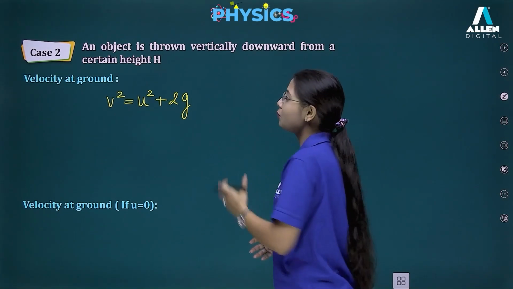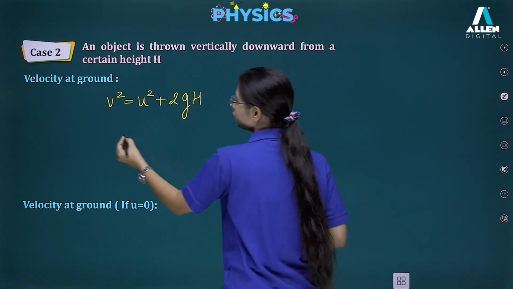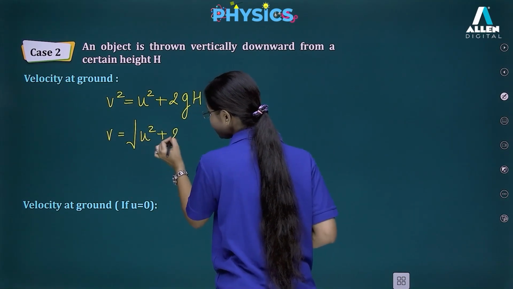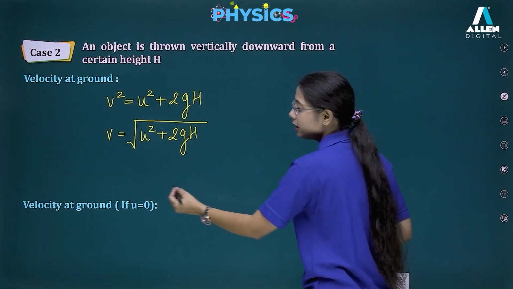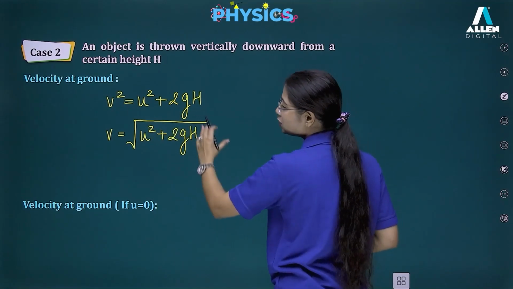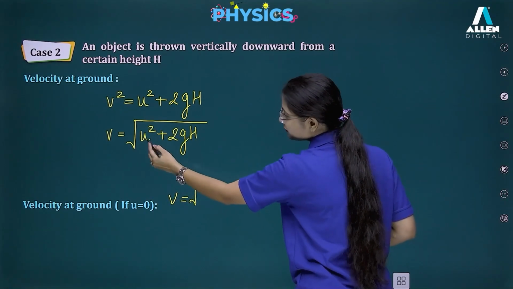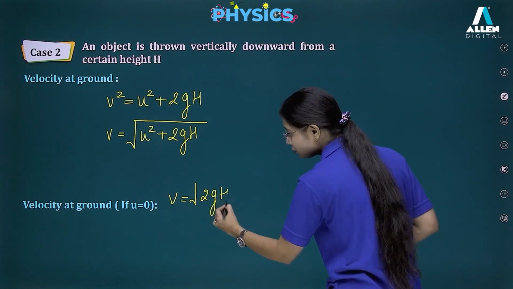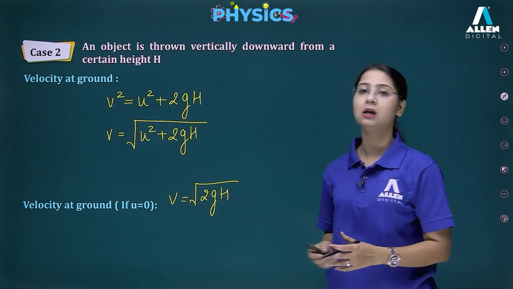Now we will not take y, we will take capital H. So v will be root of u square plus 2gh. Alright. And here, if u is equal to 0, you will get root of 0 plus 2gh. So it's only root of 2gh. This will be the final velocity at the ground.